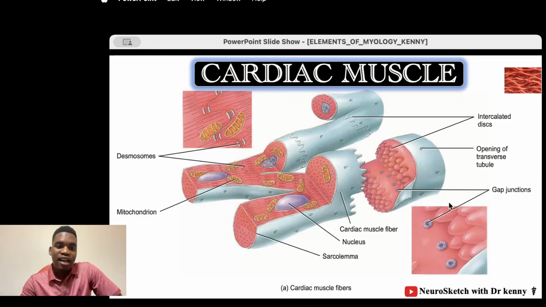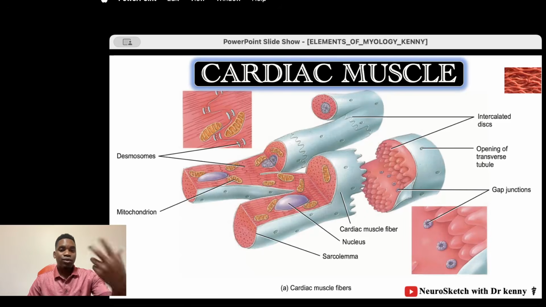And something very important to note here is the difference between the cardiac muscle fiber and the skeletal muscle fiber. The cardiac muscle fiber has one nucleus, which is centrally located. Unlike the skeletal muscle fibers, which we have seen have a number of nuclei located peripherally, the cardiac muscle fiber has one nucleus, centrally located.